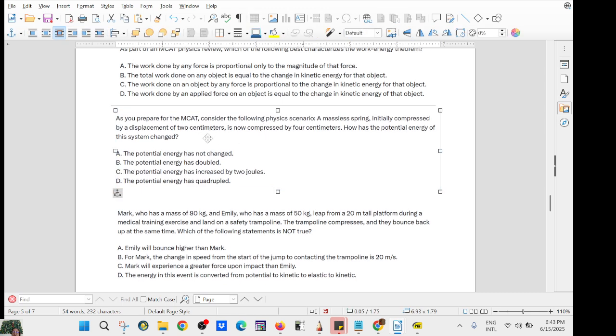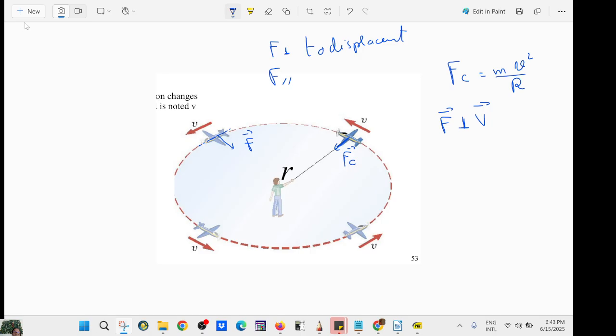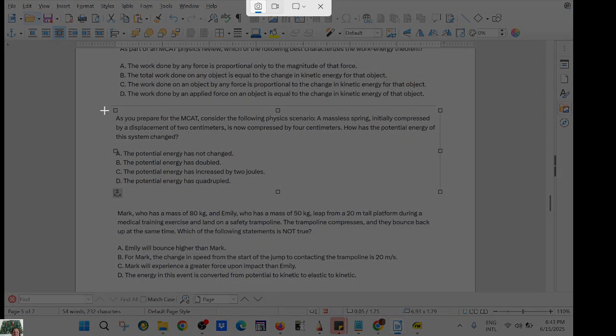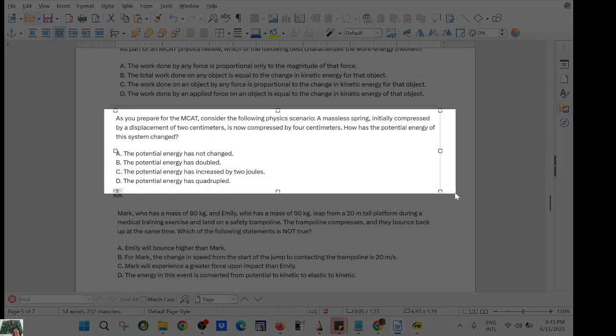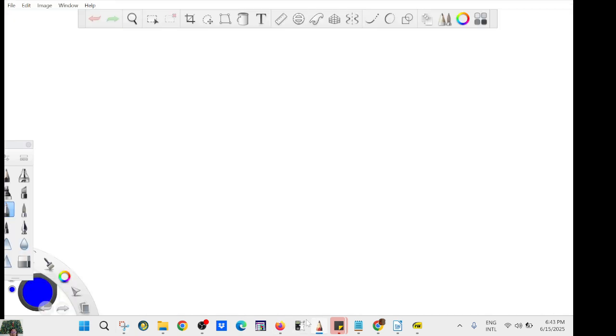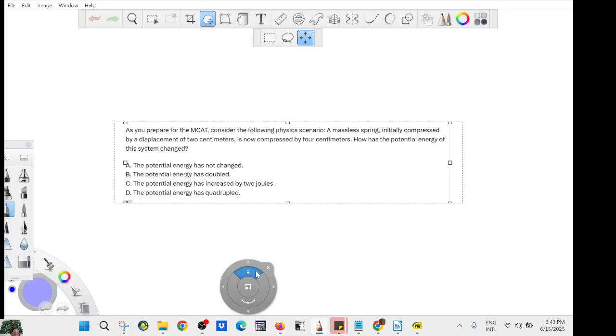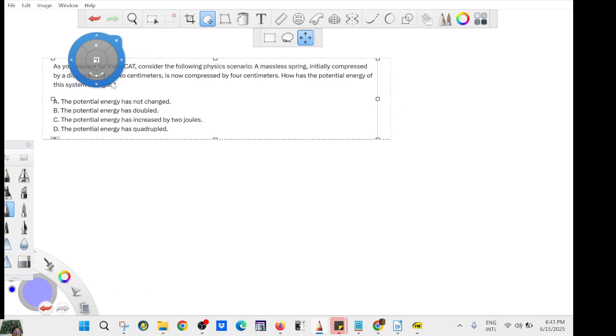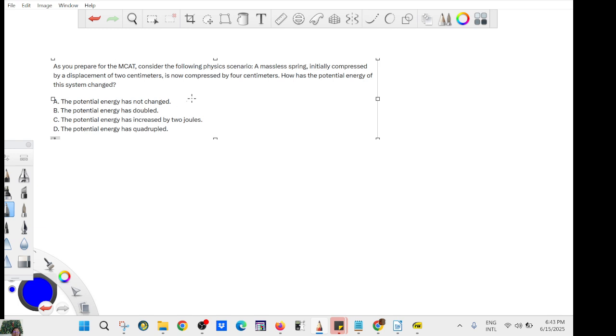Okay, so here they want to make sure that you know you have gravitational potential energy, and you also have elastic potential energy. So that's part of the things you need to know. They just want to make sure, first of all, you know how to compute, and second of all, you know the expression for the elastic potential energy.